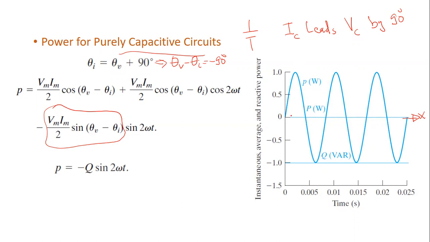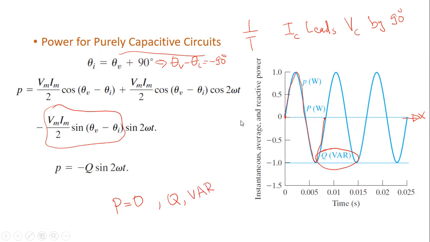So its average over any period will be equal to 0, because if you add up all the positive and negative values, their sum will be 0, divided by the number of values, it is 0. So the average power is equal to 0 as well, while the reactive power, which is the magnitude of the double frequency sinusoid, is measured in volt ampere reactive.